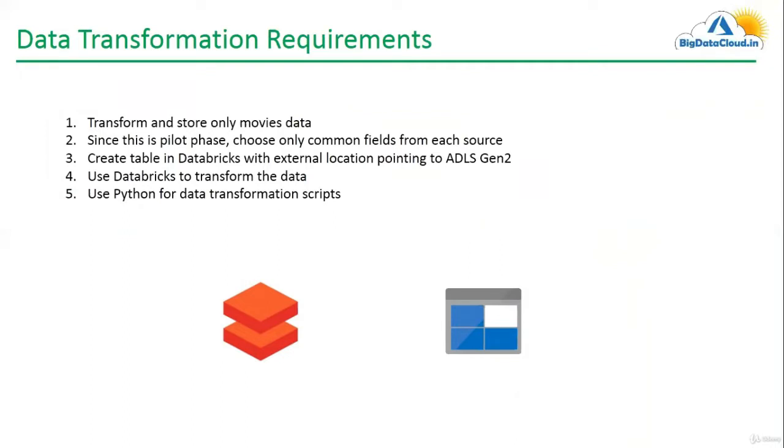So the data should be inserted into the table and retrieved from the table in Databricks. However, the data should be stored on the ADLS Gen 2, so that any external service, for example SQL Data Warehouse, can directly read the data from storage as well. Use Databricks to transform the data and use Python as the language for transformation.